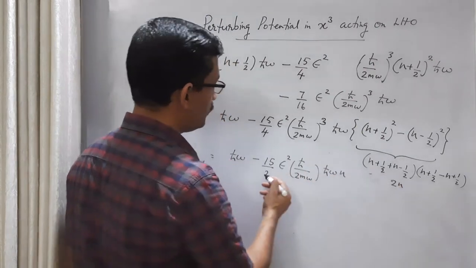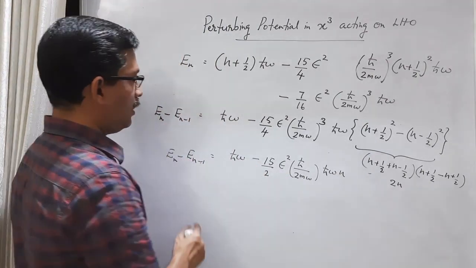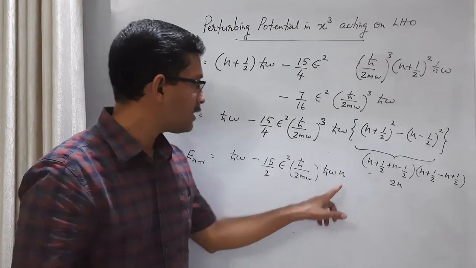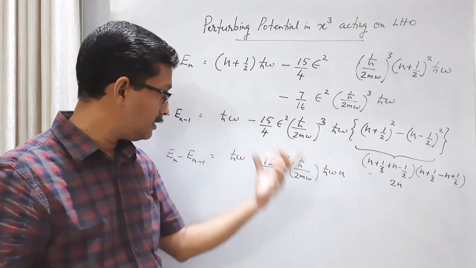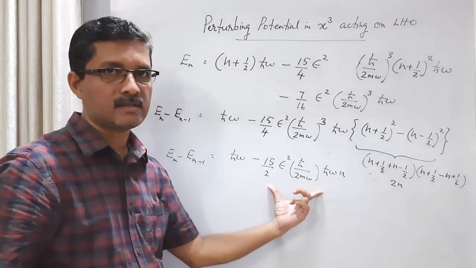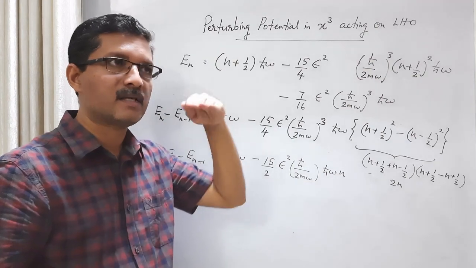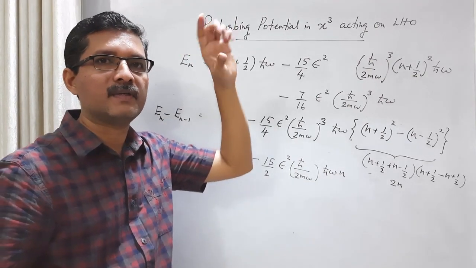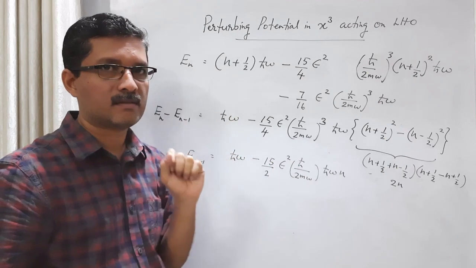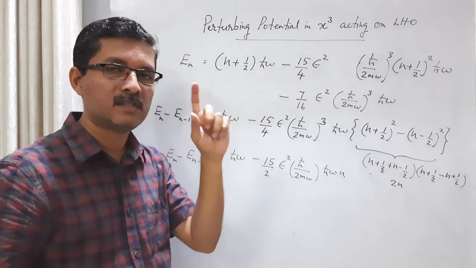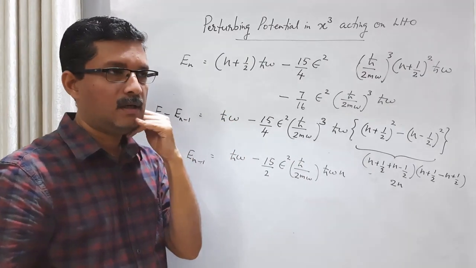In this, the 2n, the 2 will cancel with this 4. What you see here is, as n increases, this term will increase. So as we go to larger and larger energy levels, the separation between adjacent levels will decrease.